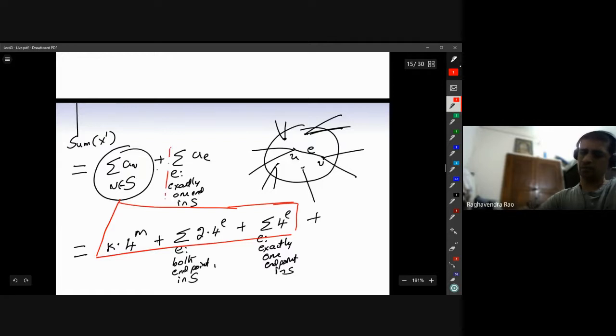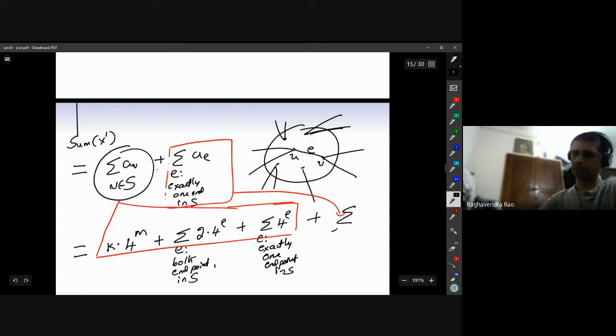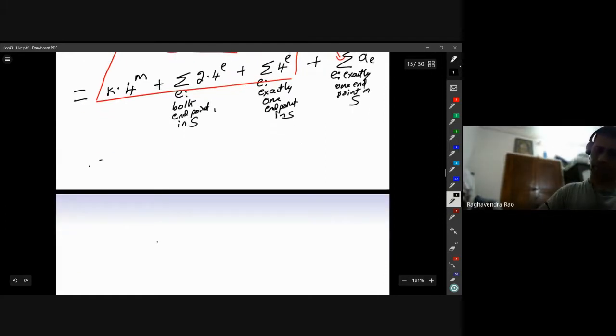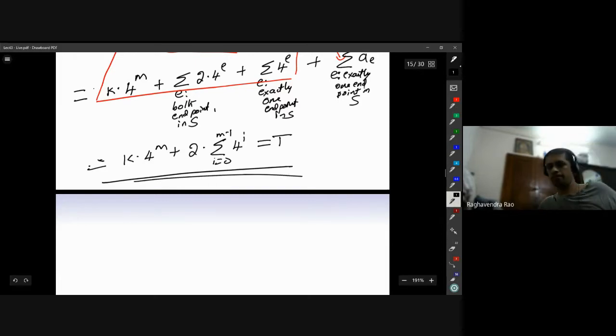Now this value expands to this, summation over e with exactly one endpoint in S of a_e. So this basically sums to k into 4 to the m plus 2 into summation i equal to 0 to m minus 1 of 4 to the i, equal to T. Okay. Yeah, so this is one direction.